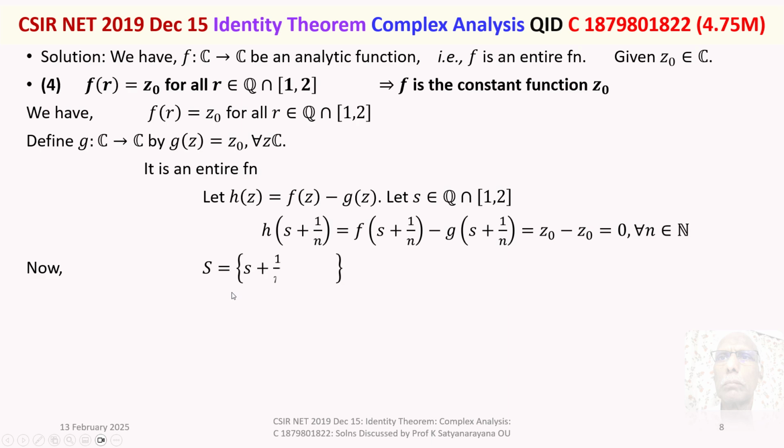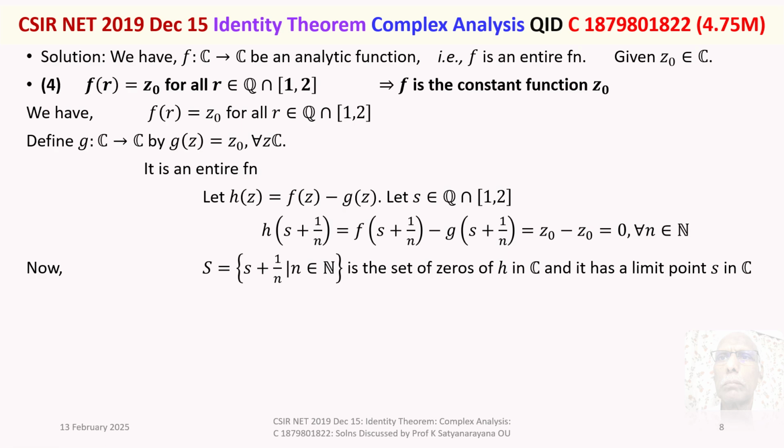So let S be the set of all s plus 1 by n, n belonging to N, a set of zeros of h in C. And every neighborhood of s will contain infinitely many points of capital S. Therefore, s is a limit point of S in C. Right. Because C is the domain, a connected domain of all these functions.